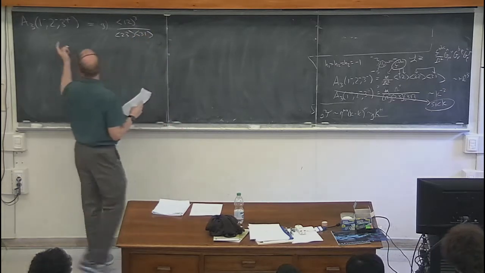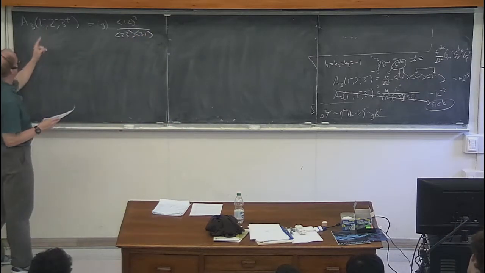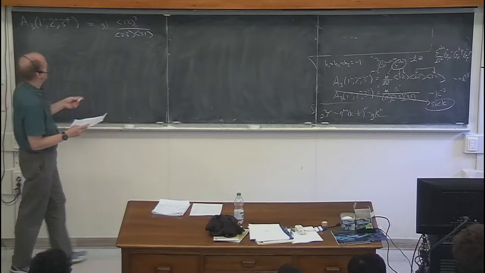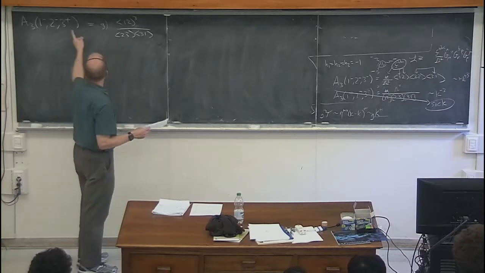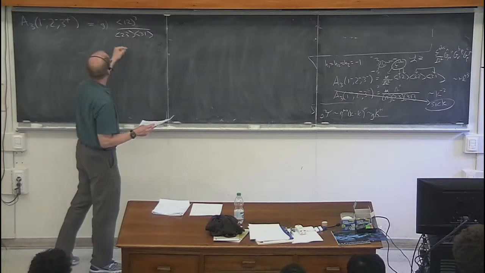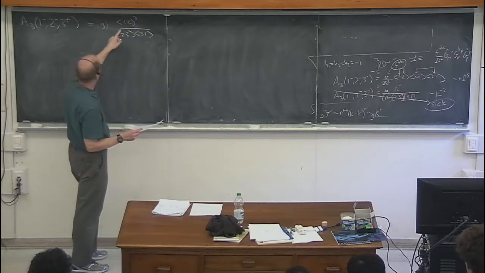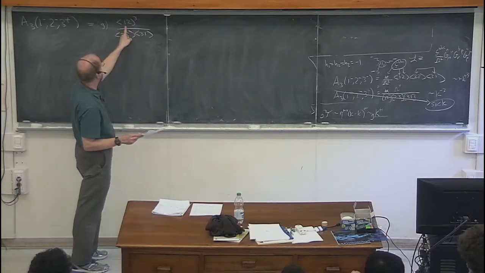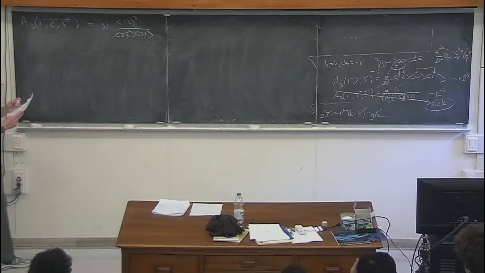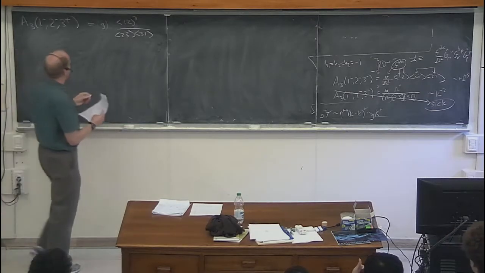If you plug into that formula, when h1 is equal to -1, h2 is -1, and h3 is +1, you see that you need to put the 3 downstairs twice, and you need a net 1 upstairs twice, and 2 upstairs twice, and this does the job. So that's the Yang-Mills amplitude.